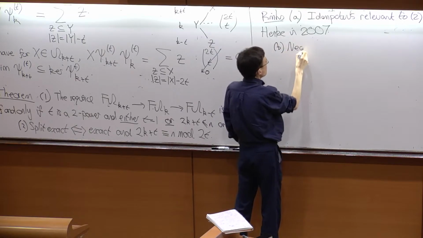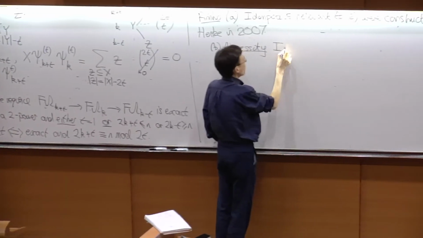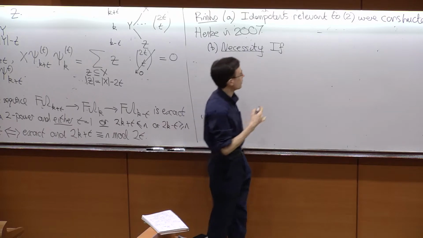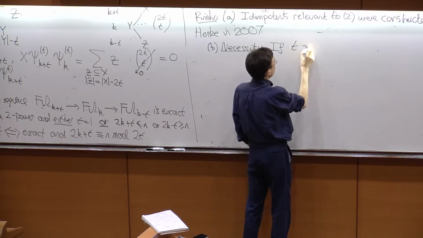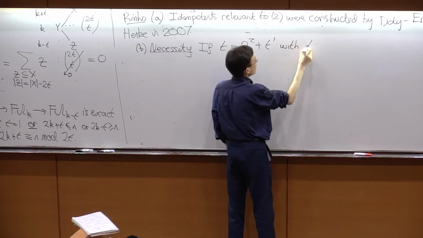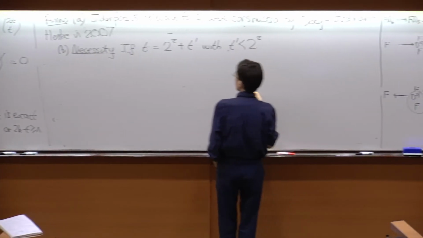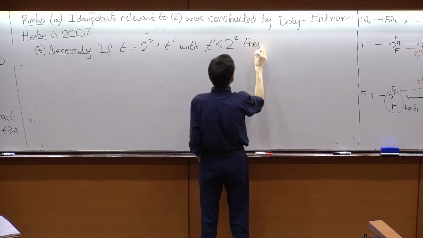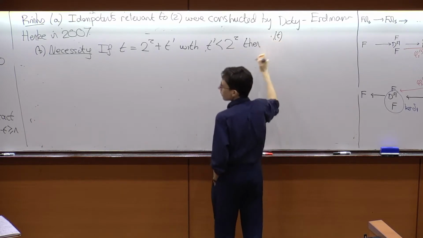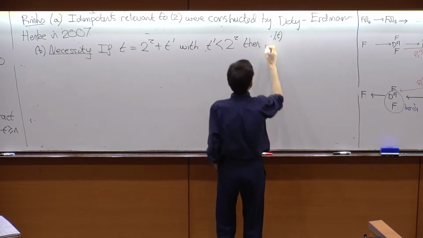And well, let me just say a tiny bit about necessity. So if you're not a 2-power, then there's a really big obstacle to being exact, which I'll show you here. So if we have t is 2 to the tau plus t primed, with t primed less than 2 to the tau, so I've taken off the biggest 2-power that I can find in t, then you can factorize the psi map. I have been writing psi.